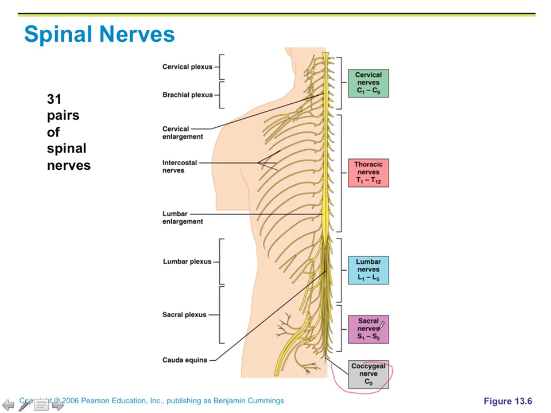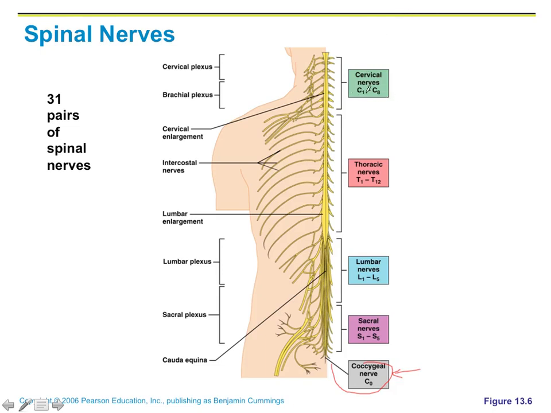The coccygeal nerve is unique. However, it's also paired, but this pair of nerves actually united together, so they are not separated into left and right. So in total, we have 31 pairs of spinal nerves.